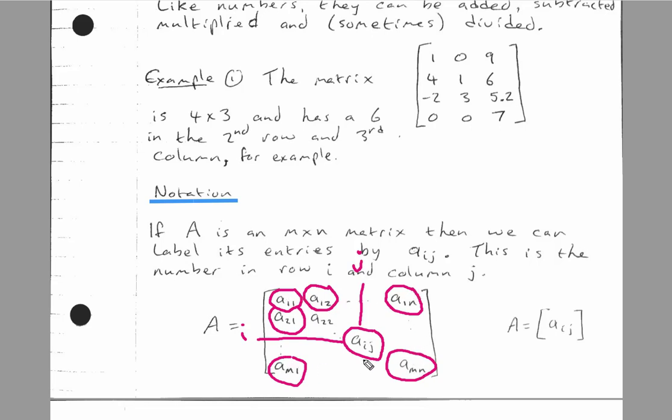So that's the way to label the entries, label the numbers inside the rectangle, inside the matrix. And this is the shorthand. You could use different letters inside. We're using little a here, but this tells us we're using little a sub ij to label the entries of capital A.